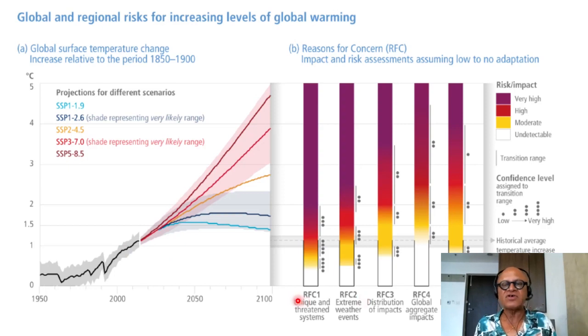So reasons for concern 1, 2, 3, 4, 5 here. Take unique and threatened systems, which could be tundra, corals, Great Barrier Reef kinds of systems. Extreme weather events. Distribution of impacts, in terms of how events translate into global consequences. Global aggregate impacts, so how is something like an increased range of dengue going to affect the entire population?